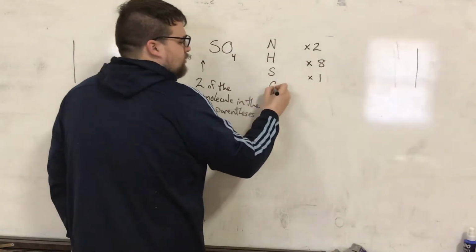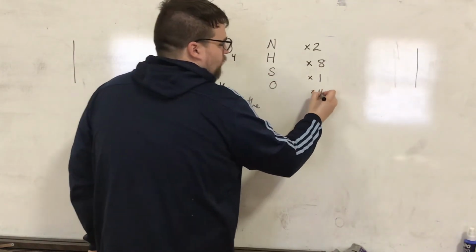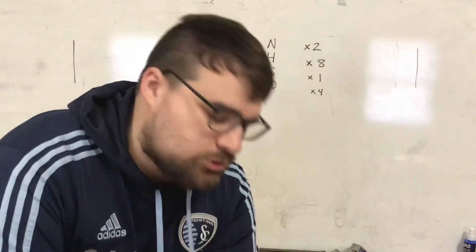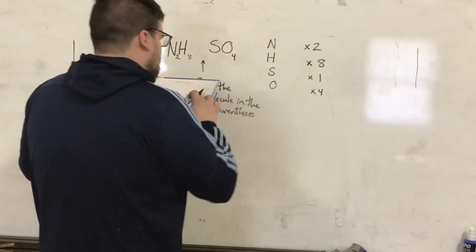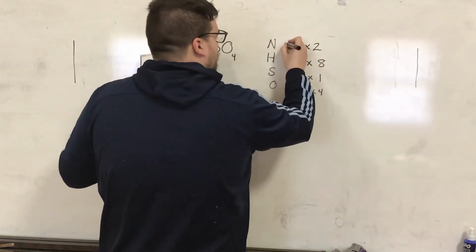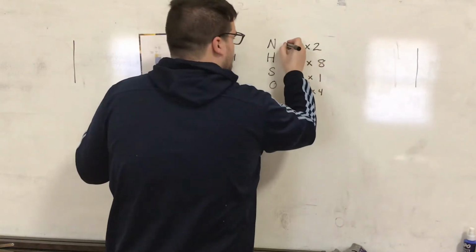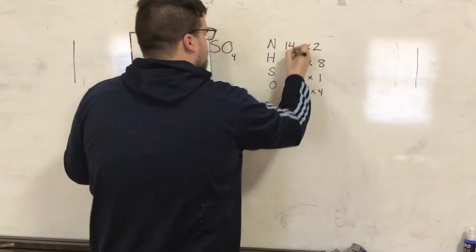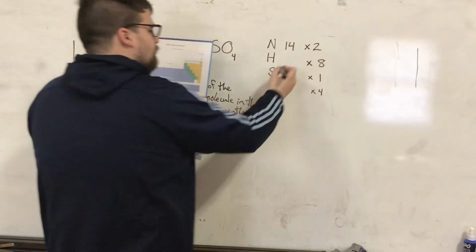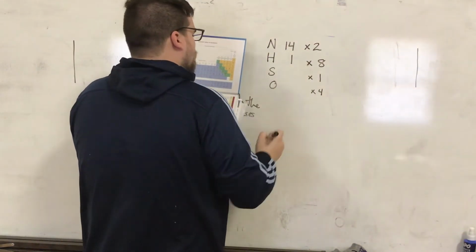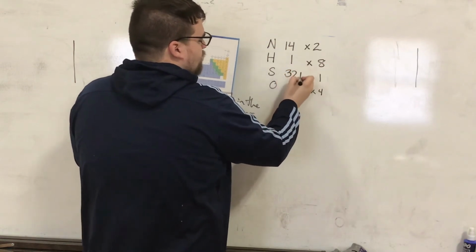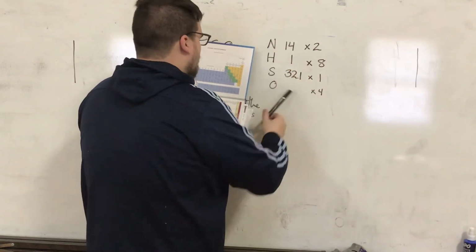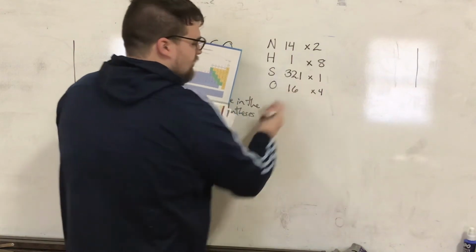And then oxygen, but we have 4 of those. So let me consult my periodic table. We see nitrogen is 14.01. We're just going to round to the tenth, so we're going to say 14. Hydrogen is 1. Sulfur is 32.07, so we're going to round that to 32.1, and oxygen is 16.